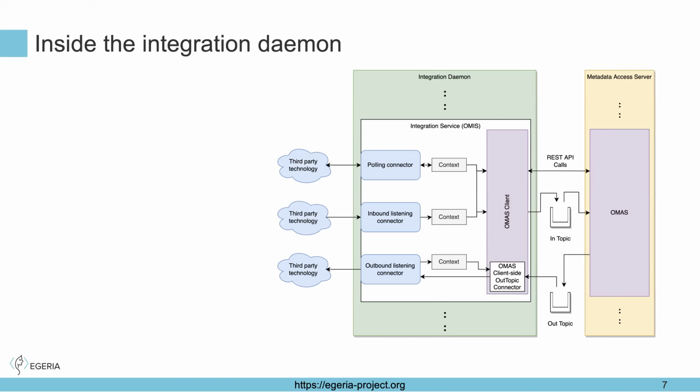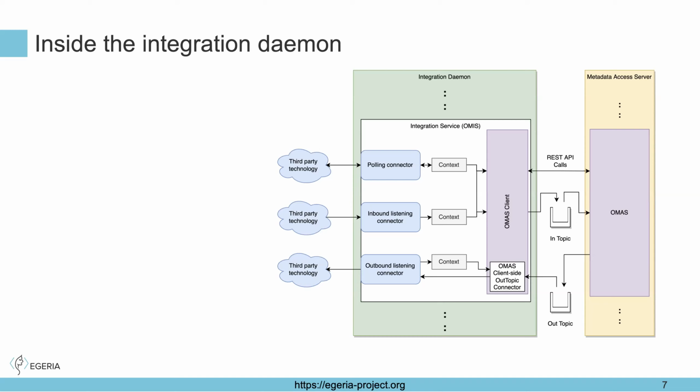Then we have to think about, well, we've got to start and stop the connector. We've got to be able to scale it. And that aspect is handled in the green area by the integration daemon itself. So the daemon handles everything that's consistent about talking to any type of technology, irrespective of its integration style or capability or metadata need.